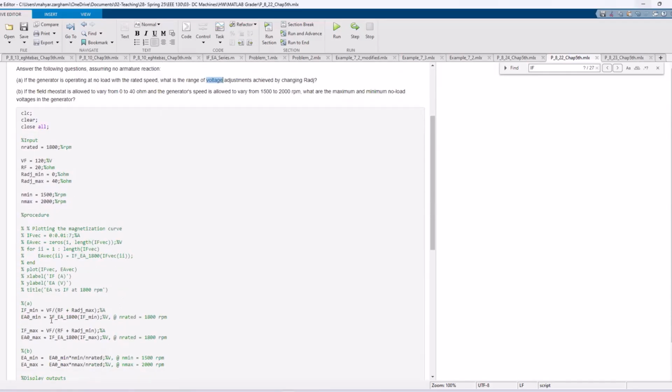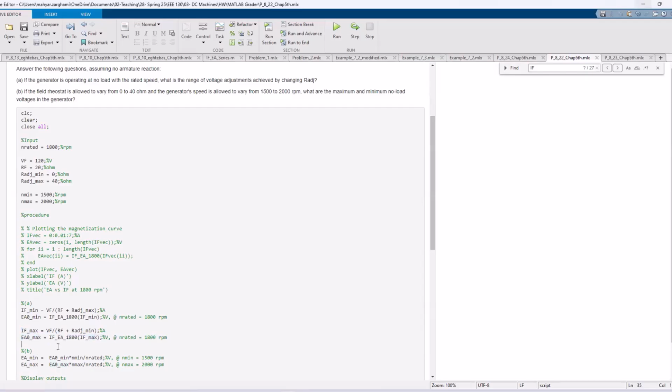Looking at IF min, the minimum current that we can have in the field would be VF over RF plus our adjustable maximum. Now we can put that IF minimum in the curve to find EA. However, this EA is EA0, which is based on the curve at N rated equal to 1800 RPM. And IF max would be VF divided by RF plus our adjustable minimum.